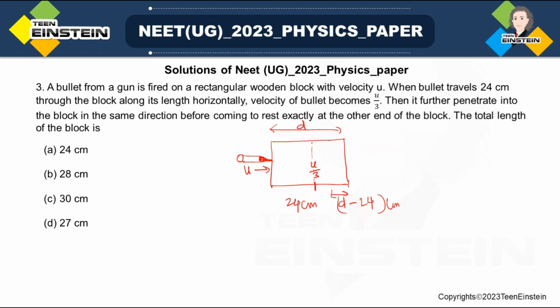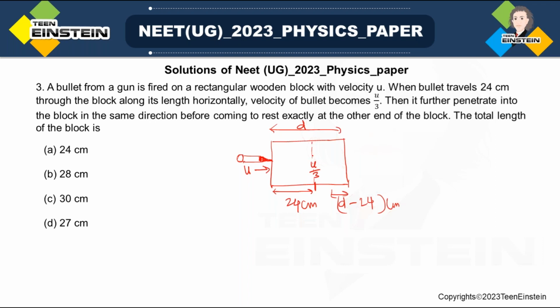That means it is getting decelerated. But what is the deceleration? We don't know that. Now let us read. Then it further penetrates after reaching 24 centimeters.